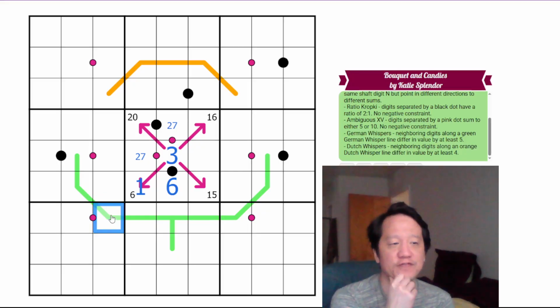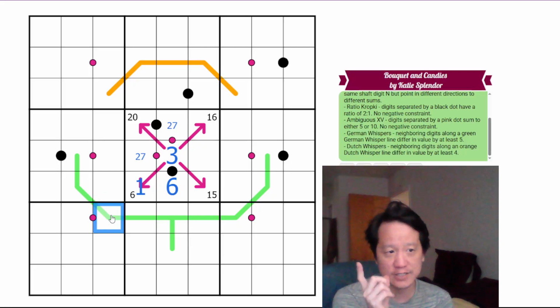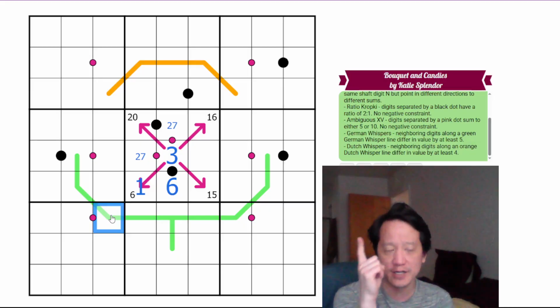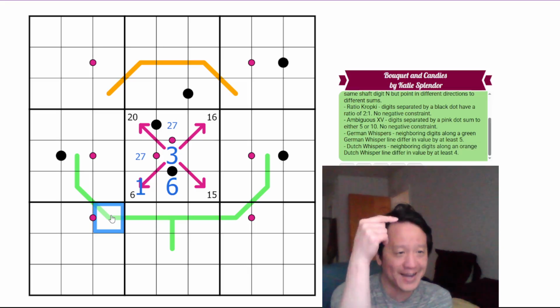So since these add up to 5, along a whisper 5 line, you'll always alternate between low digits and high digits, low digits being 1 through 4, high digits being 6 through 9. Because what digits can be next to a low digit? Well, 1 can be next to 6 through 9, 2 can be next to 7 through 9, 3 can be next to 8 or 9, and 4 can only be next to 9, all of which are high digits.